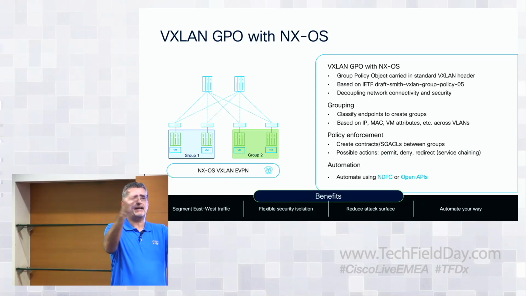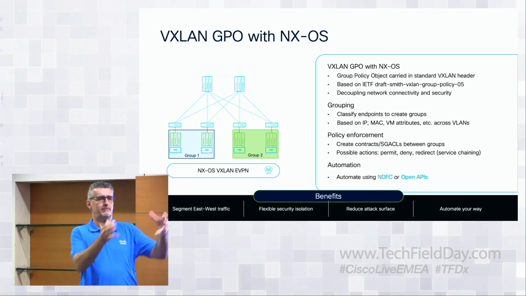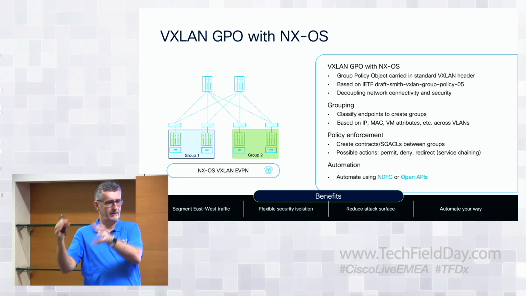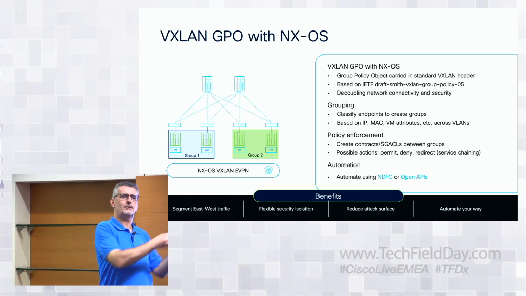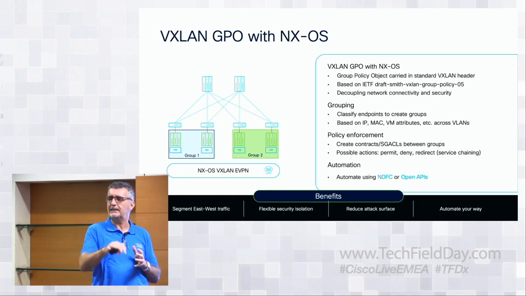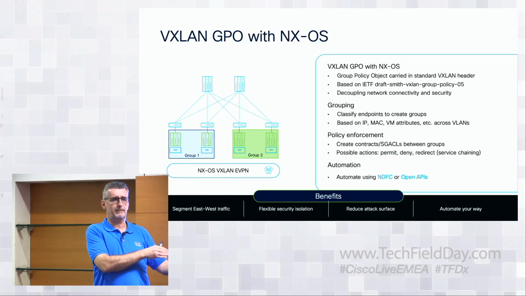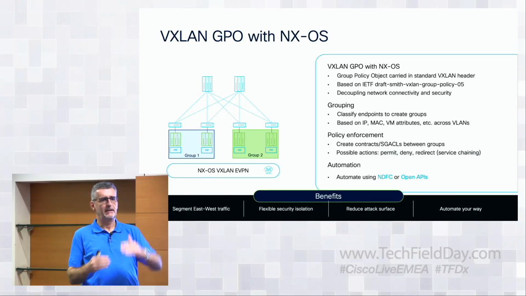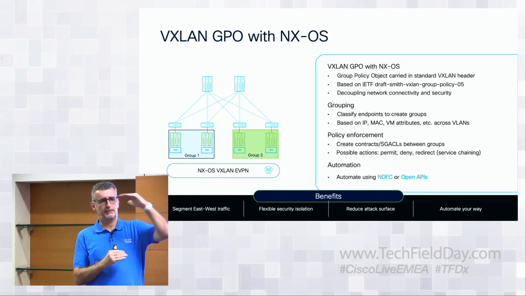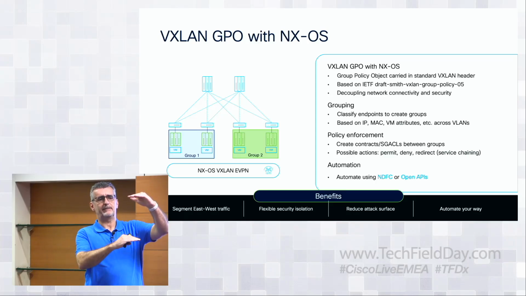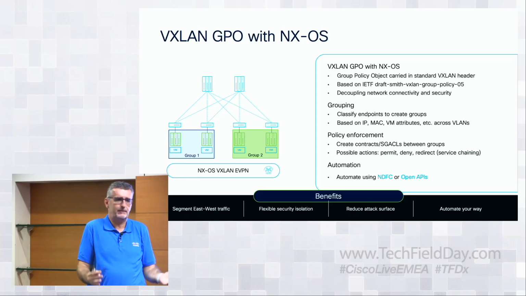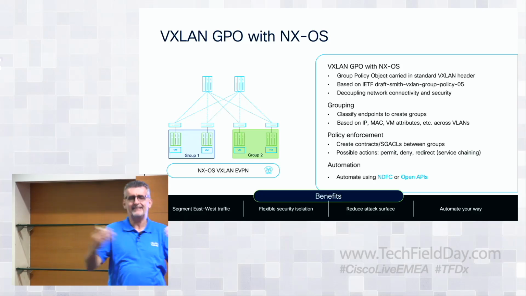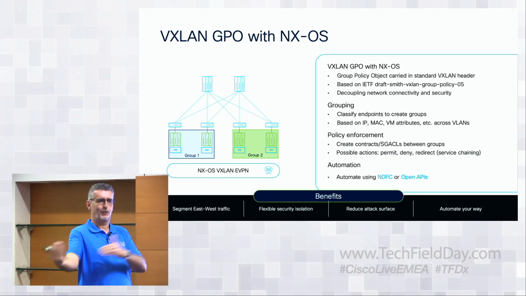It's a VRF-wide concept or grouping where you can create a secure group inside the VRF and associate endpoints to that secure group, independently from which subnet or VLAN they belong to, right? So there is a full separation of security and connectivity. The connectivity, you need it. It's a network, it's a fabric, it's an interfabric. You need to be able to communicate.